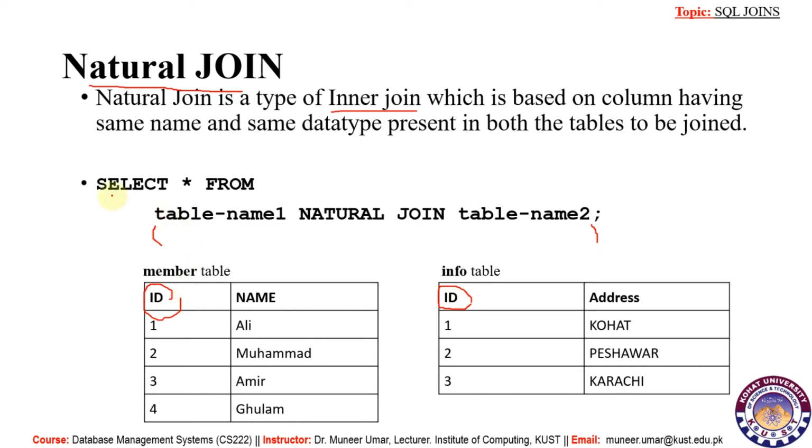The query is quite simple. We need to type select star or the list of the attributes. It can be a single attribute or multiple attributes from both the tables, then the from keyword, table 1, the keyword natural join and table 2. There is no need of a where clause in this natural join query.